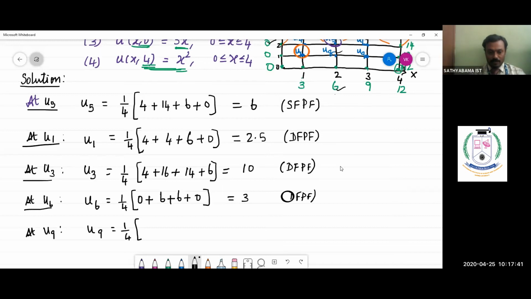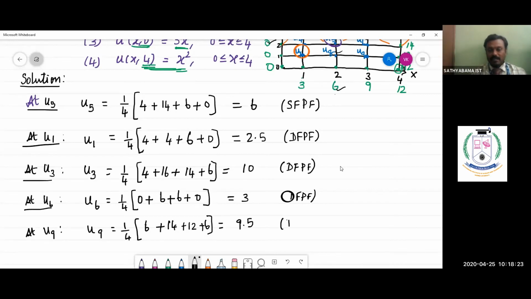The diagonal values at these points are U5, which is 6, 6 plus 14 plus 12 plus 6, and its value is going to be 9.5.